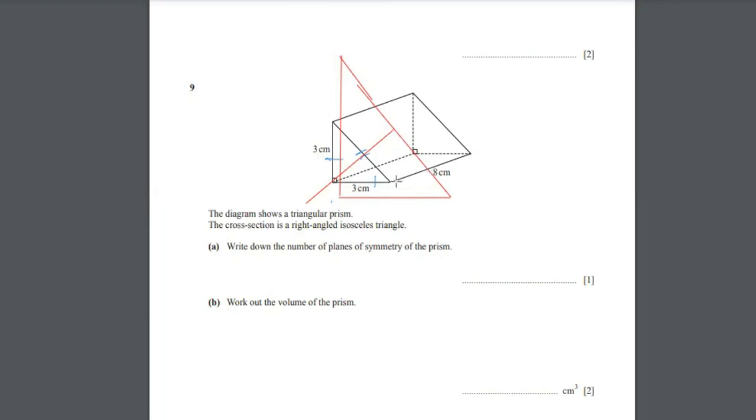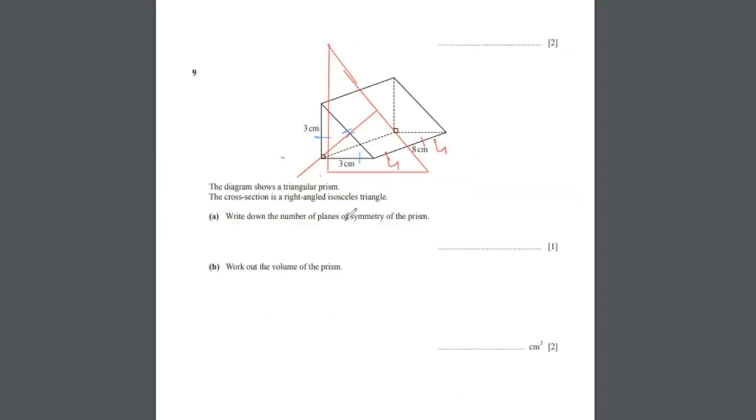This is 8 centimeter, then it will be 4 centimeter on both sides. 4 centimeter over there, 4 centimeter over there. Okay, cutting it from the middle. So two planes of symmetry. How many planes of symmetry? Two planes of symmetry.